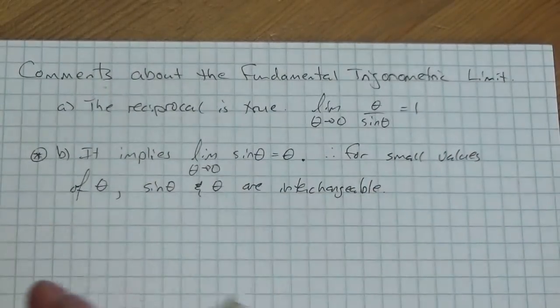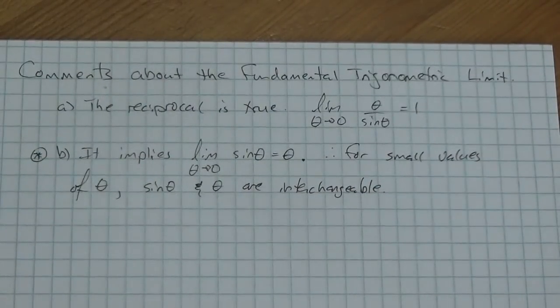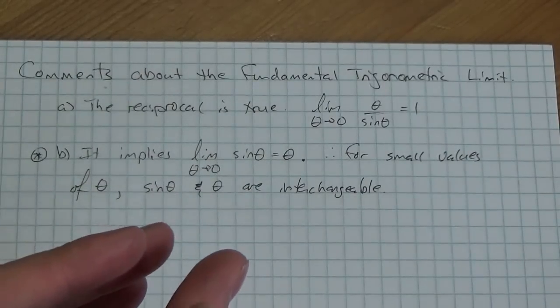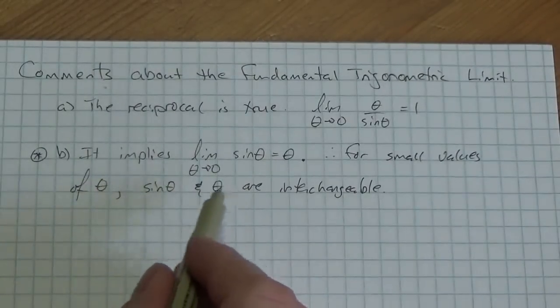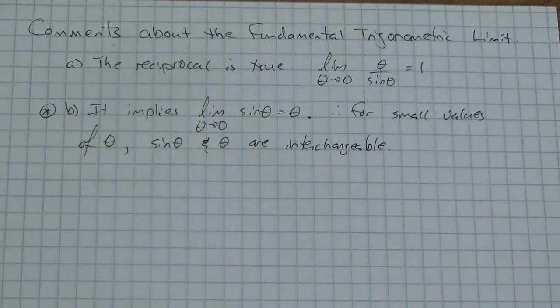Like I said, you will see this in physics, in optics, when we're talking about diffraction gratings. By replacing the sine of theta with theta, you make some of the equations very straightforward. It simplifies them quite a bit. And you're allowed to do that because in those situations, the angles you're talking about are quite small.